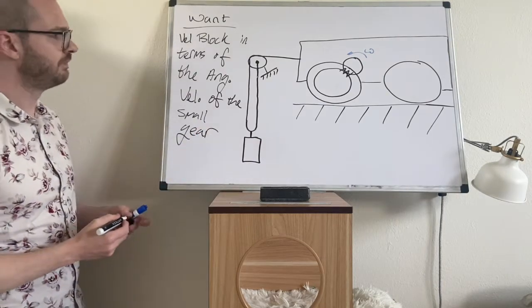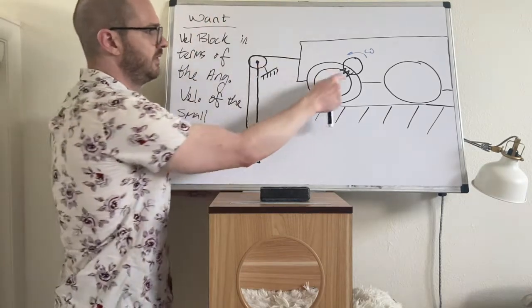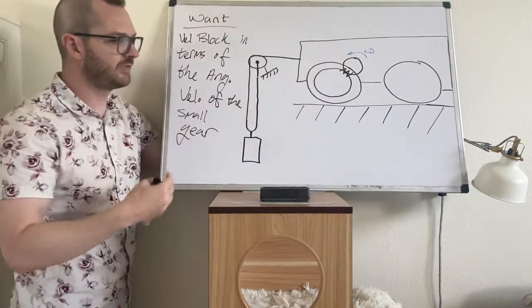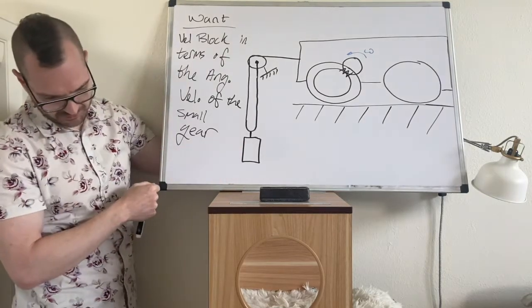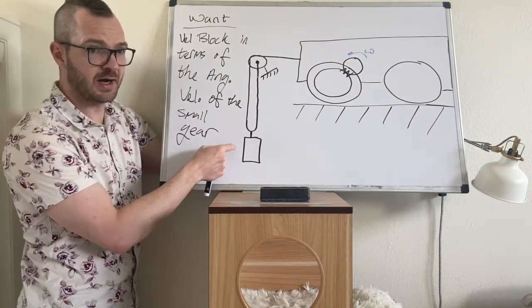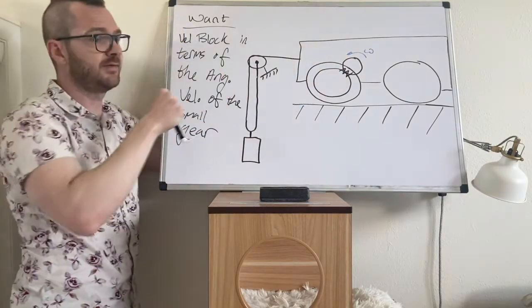This is what we want. So what does that mean? That means this gear is going to rotate with some theta dot. I want the velocity of this block in terms of that gear's theta dot.